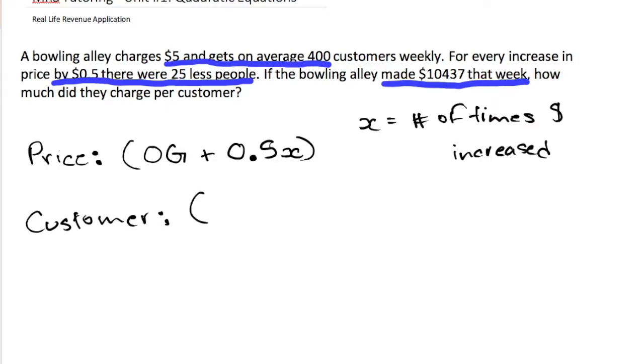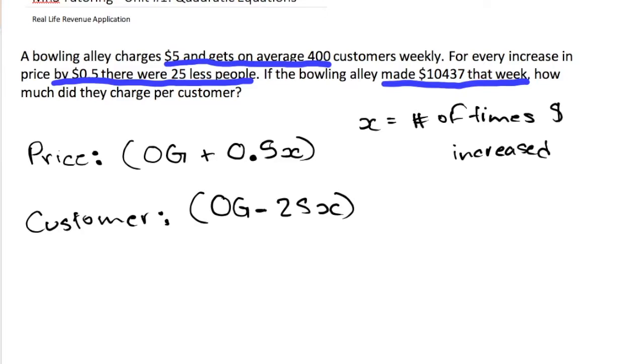It would have the original amount of people minus how many people would decrease for every increase in price. As it says, there would be 25 less people for every $0.5 increase. So that's why I wrote negative 25x.